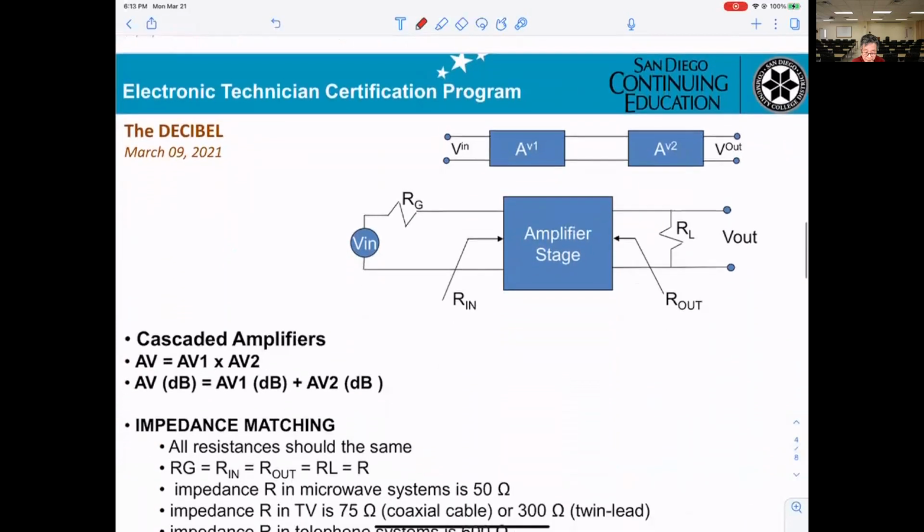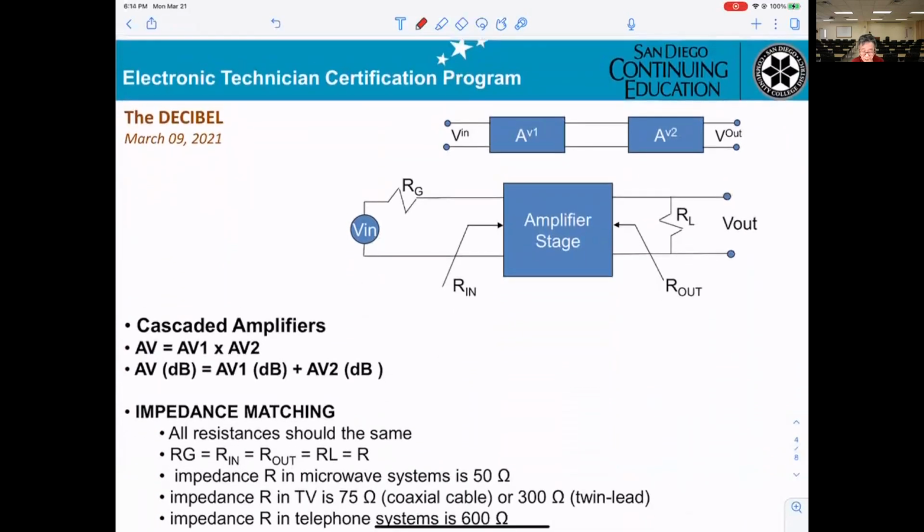Now see what happened here. Now you get a gain, A of V1, A of V2. You get the input V in here, and this is the output. That's what they're talking about, cascaded amplifiers.